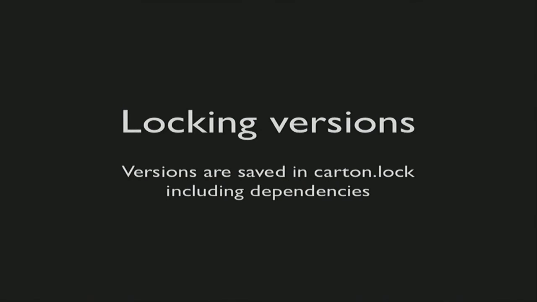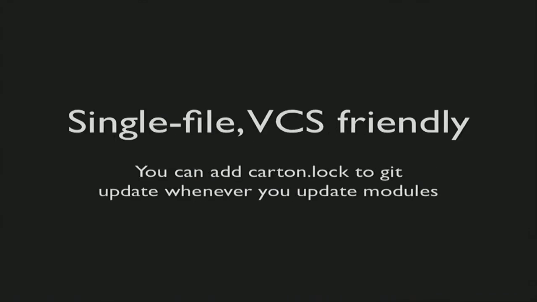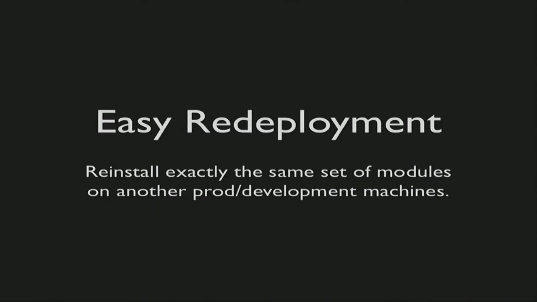And of course, you can lock the versions. You can save this information into a Git repository if you want. It creates just one new file called carton.lock. You can add it to the Git repository, and then you can track the history and revert to a previous version if you want. And using that file, you can deploy the exact same version, not depending on the CPAN status.